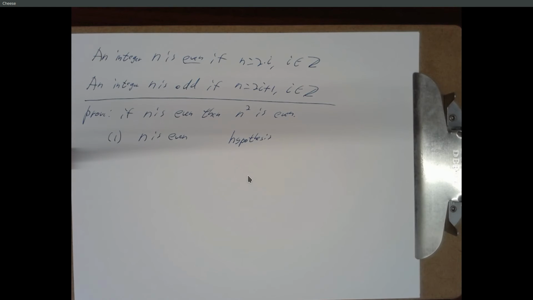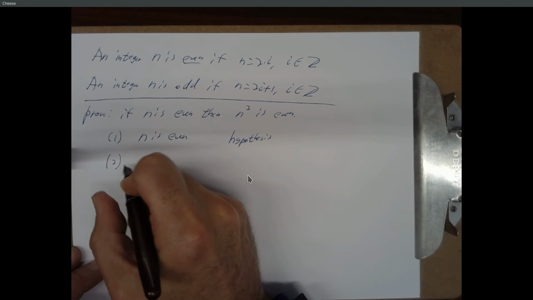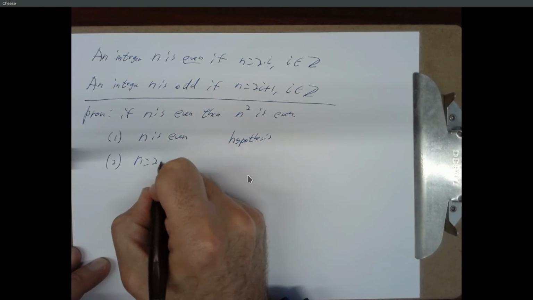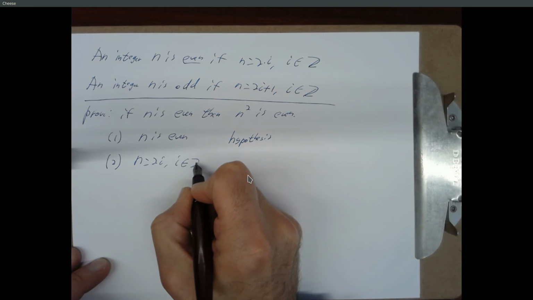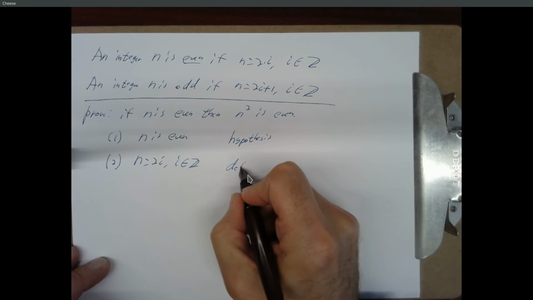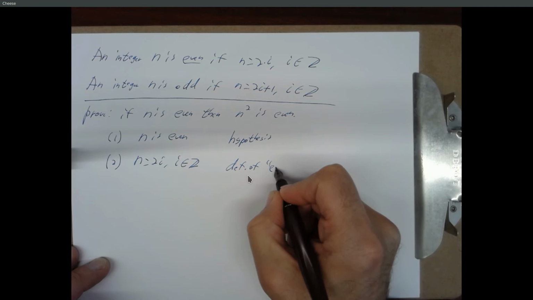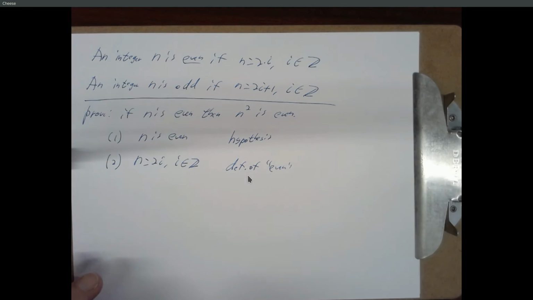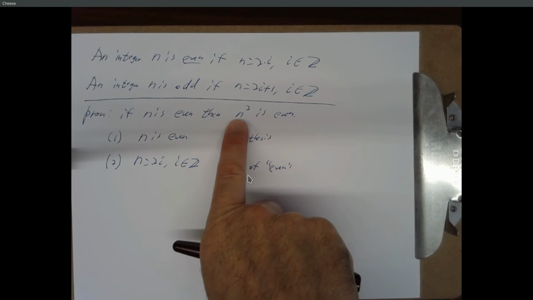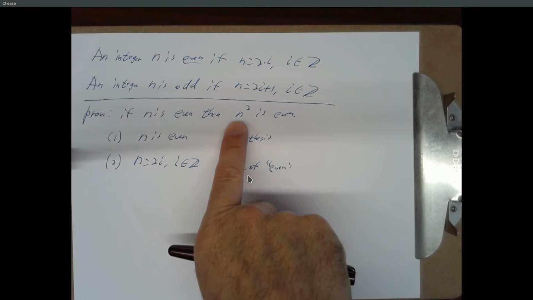Okay, if n is even, there's really nothing we can do but plug in the definition. So n equals 2i, I is an integer. That's the definition of even. So n is twice some integer. And I'm trying to make a statement about n squared, and I'm almost out of things I can do.